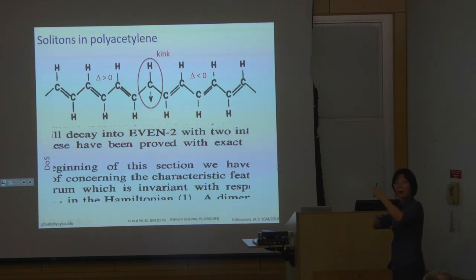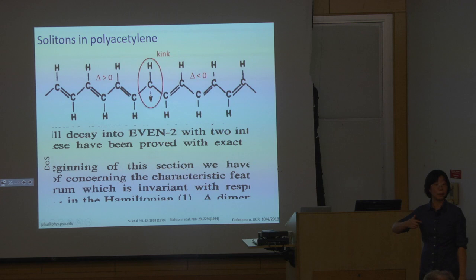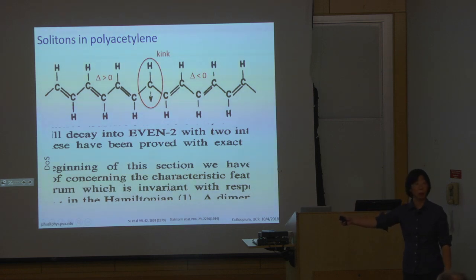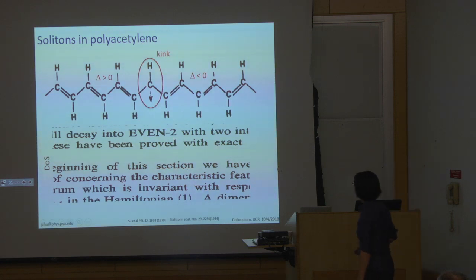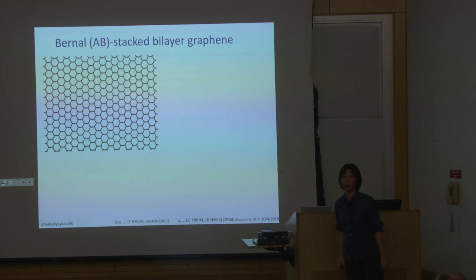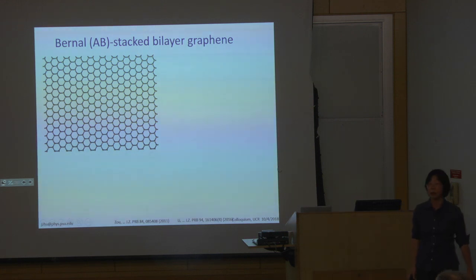And that corresponds to a positive gap, a negative gap situation, and what's known as a kink in the polymer field. Okay? If you have a network of these polyacetylene, these guys are the ones that carry the conduction through the network, through the gapless modes that I just mentioned. Right? This doesn't help us in making it in graphene, though, so I still had to think of something else.